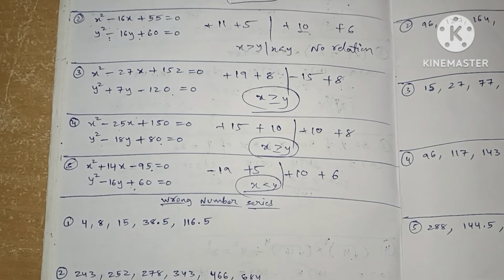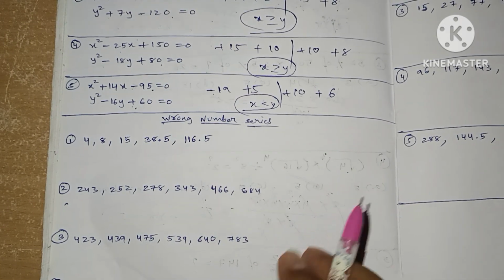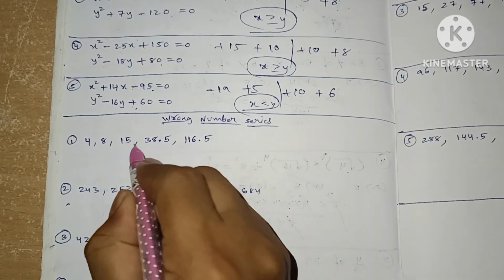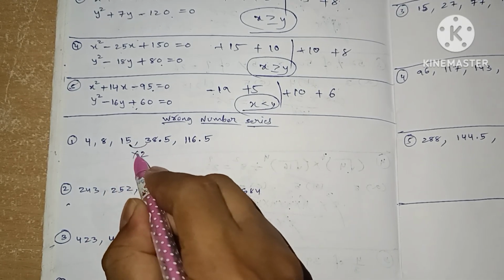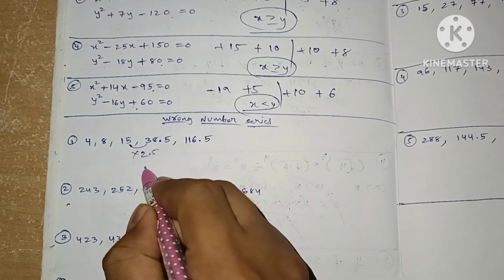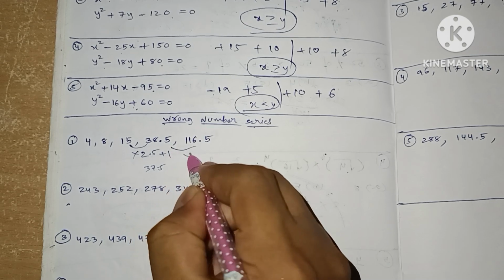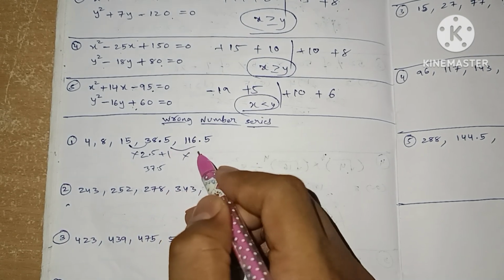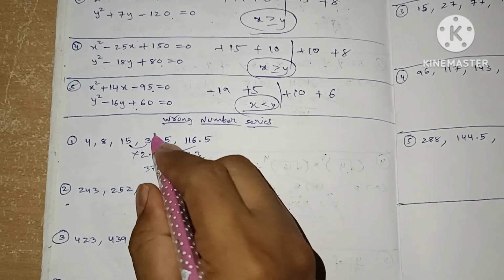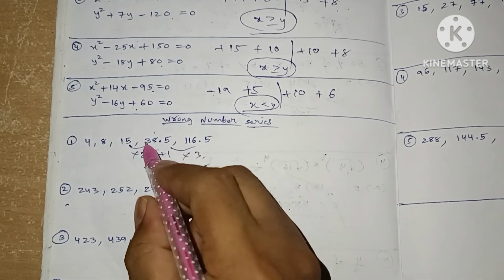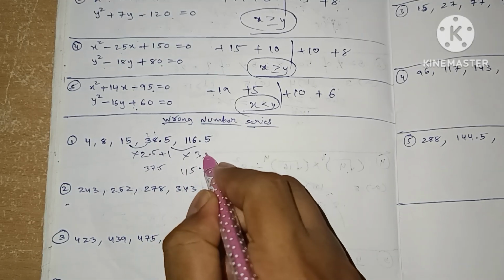Okay, now we are going to see wrong number series. First question: in this question it looks like it starts with times 2, which will be 30, and times 2.5, which will be 37.5 plus 1, and here it is times 3, which will be 115.5 plus 1.